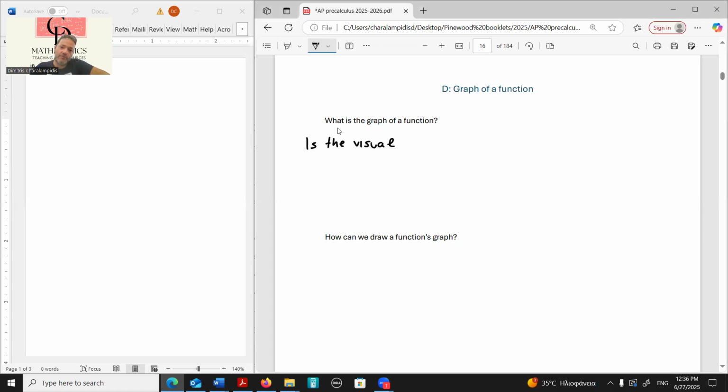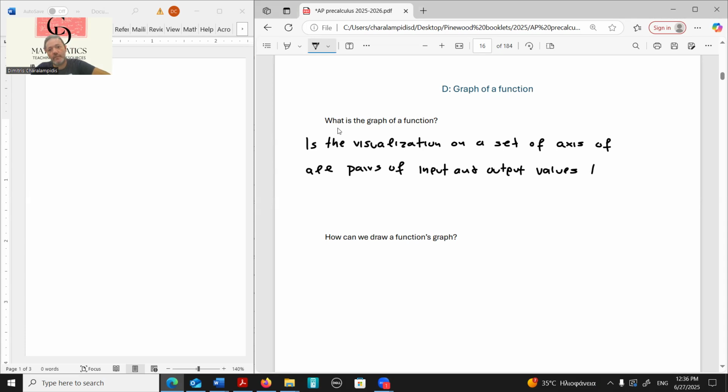the visualization on a set of axes of all pairs of input and output values that are connected under that function's rule.